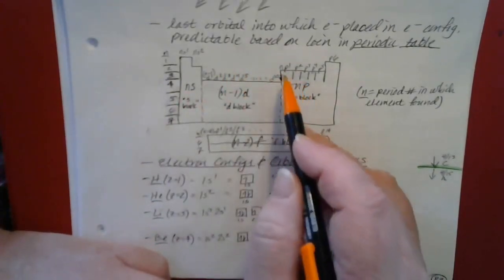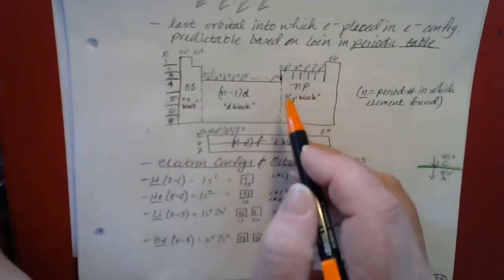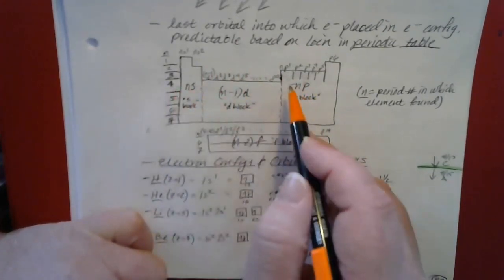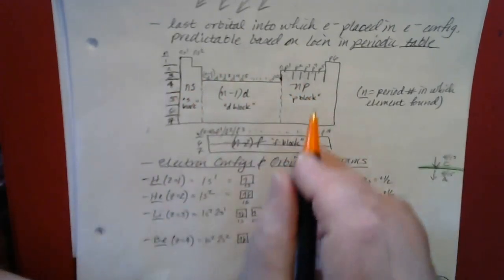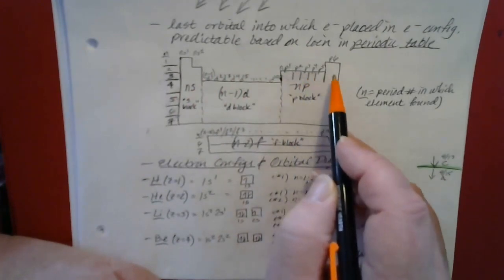So that's why we say the last electrons will be NP, N being whatever the period number is, and P representing a p-type orbital. And you'll notice if you count across, there are 6 columns in the P block because in any given shell that has p orbitals, there are 3 p-type orbitals, px, py, and pz. And each of those can accommodate a maximum of 2 electrons. So that's a total of 6 electrons for the p orbitals in any given shell.